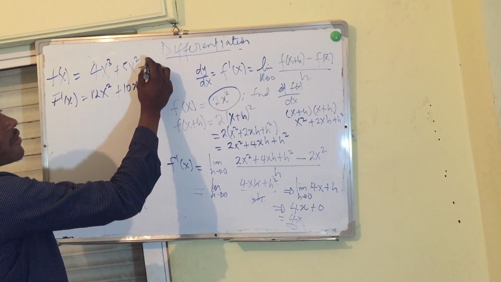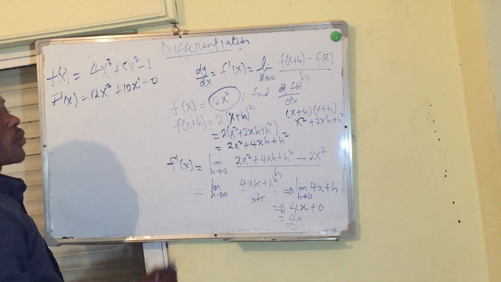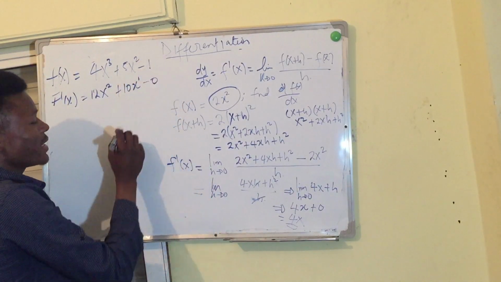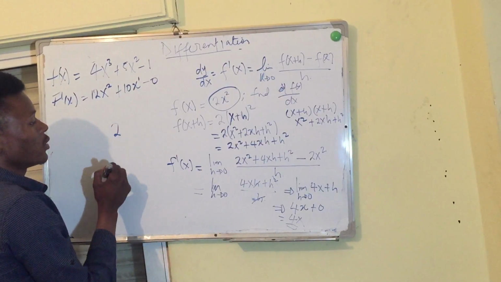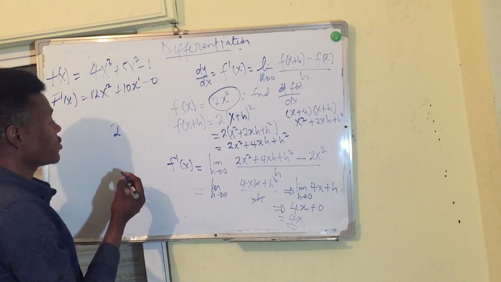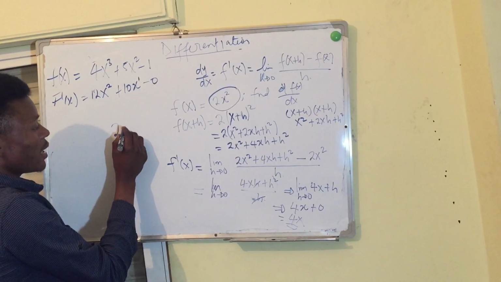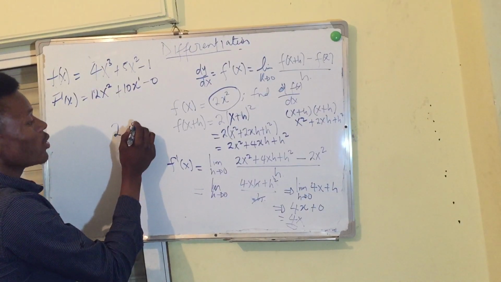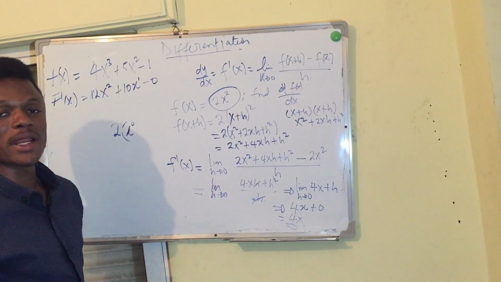But the derivative of this constant is 0. Why? Because any constant, any number, let us say 2, derivative of 2 is 0. Amma why is it 0? Technically akwai x nan jikinta which is to the power of 0, because anything to the power of 0 is 1.